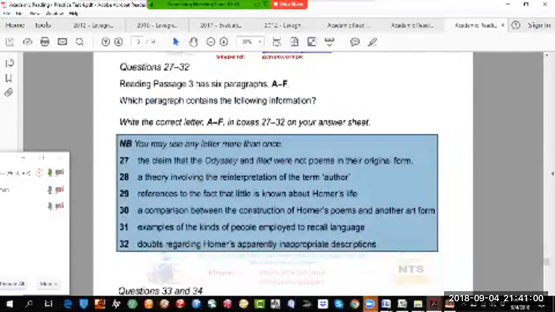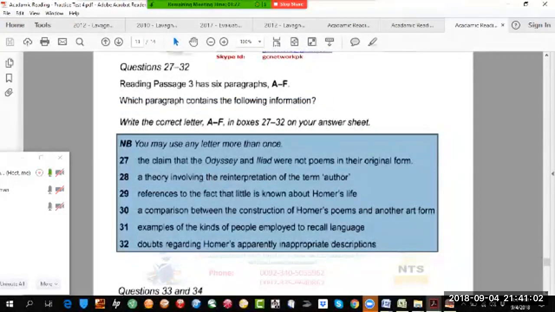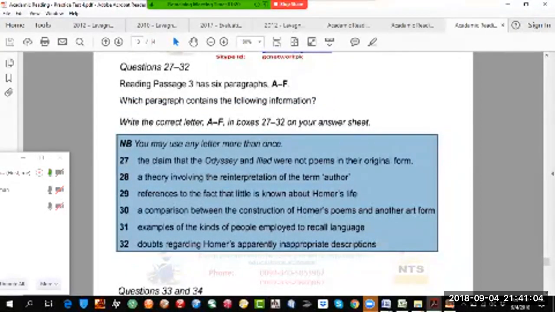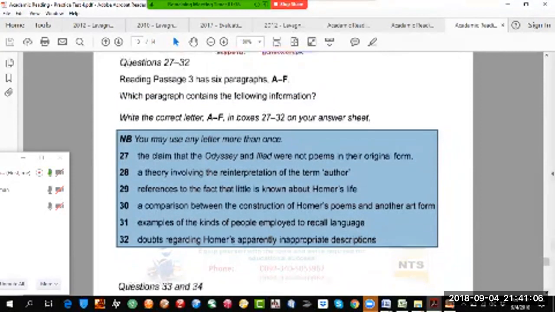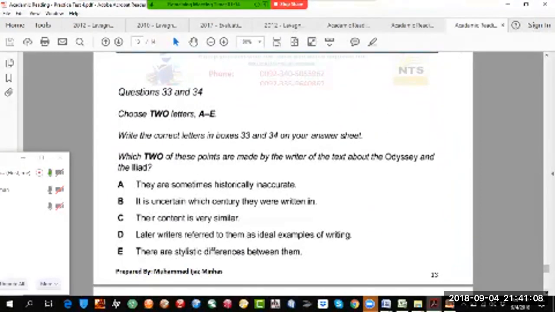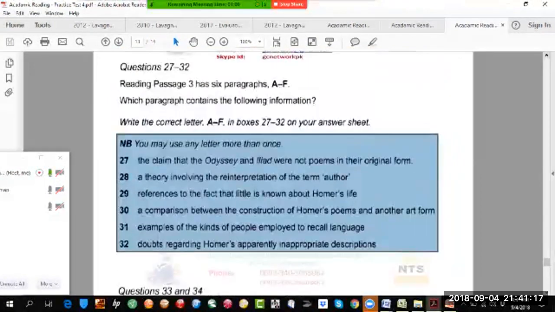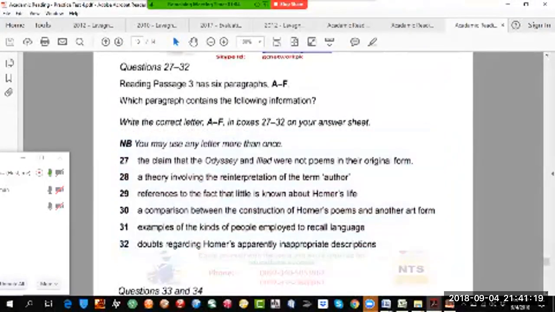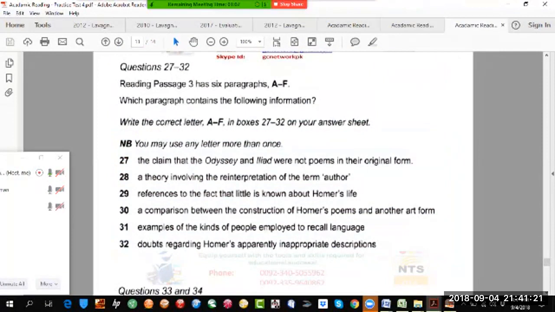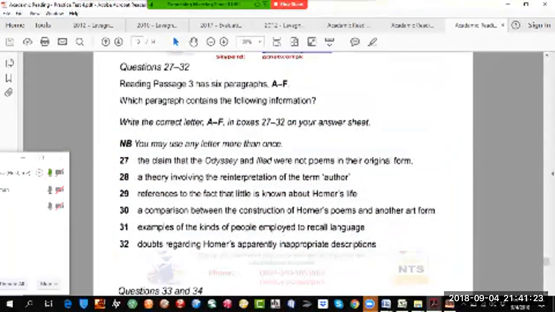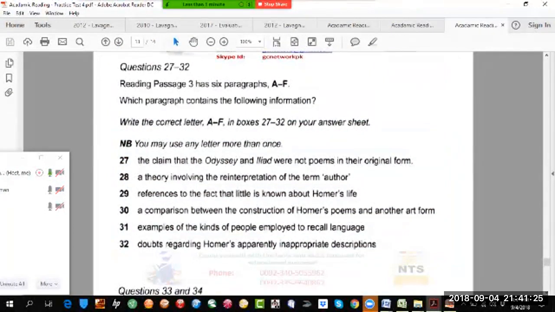Ideally, our strategy should be to read paragraph A, answer this, and see if there is any other question I can attempt. But this is a kind of question for which I can make a random guess as well. Instead of leaving everything blank, I can write A, B, C, D randomly.